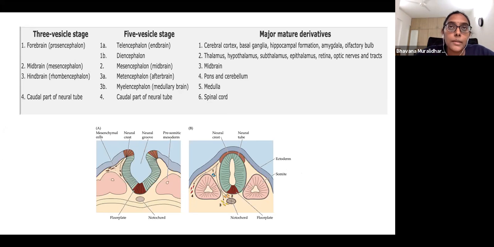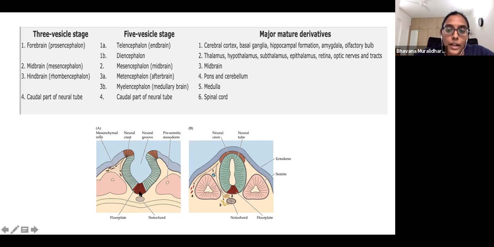I would say that it's a mix of both signals, but initially to begin with, it's signaling centers which pattern the regions. And once the regions begin to pattern, there are cell intrinsic mechanisms, particularly the expression of transcription factors, which then take this forward. And that's how you end up having the different patterning in the brain.